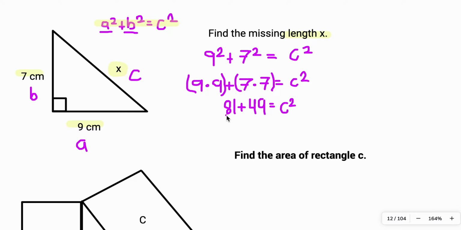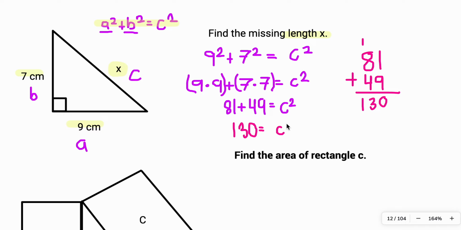So now I'm going to solve this problem in the corner. I would have 81 plus 49. You would have 10, you'd carry the 1, and then you would have 13. So you would have 130 equals c squared. But that is not our final answer since we are looking for c, not c squared, so we would have to take the square root from both sides.